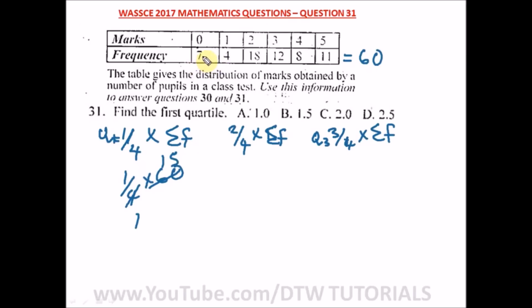Where would 15 fall? 7 plus 4 is 11. So 15 would fall under 2. That is 11, which is not up to 15, and if you come here, we're going to get 15. So 15 will fall under 2, and our right option here is option C.